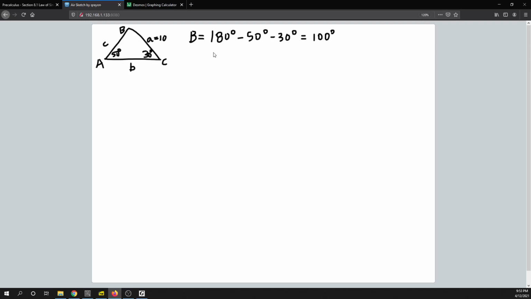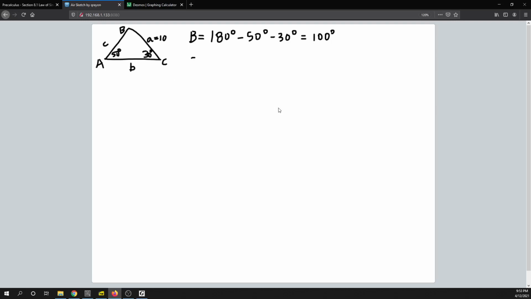All right, so we found angle B. And then what we need to do next then is to find side b and side c. And so, of course, we're going to use the law of sines to do that.